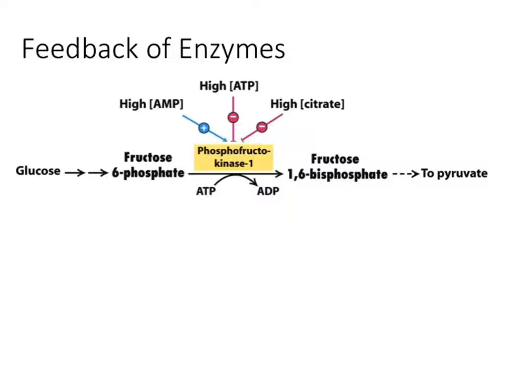So, for example, if this is a step of glycolysis, we often talk about what is the role of glycolysis? What is the cell trying to achieve with it? Typically, the goal is to produce energy, right?